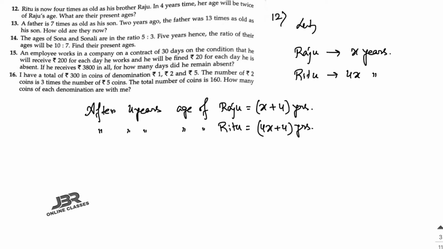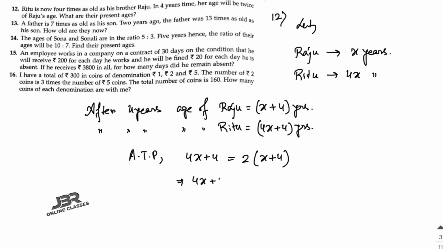Okay, age of Raju x plus 4, age of Ritu 4x plus 4. Now according to the problem, her age, that means Ritu's age, will be twice of Raju's age. So here 4x plus 4 is equal to, twice means 2 into x plus 4. Okay, so that is your equation.